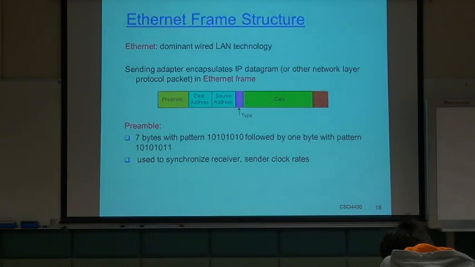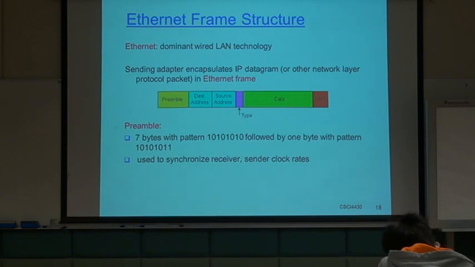Now, Ethernet basically is the link layer implementation. There are many link layer protocols, but Ethernet is the most widely used wired LAN technology. Another link layer protocol is 802.11 for the wireless protocol.